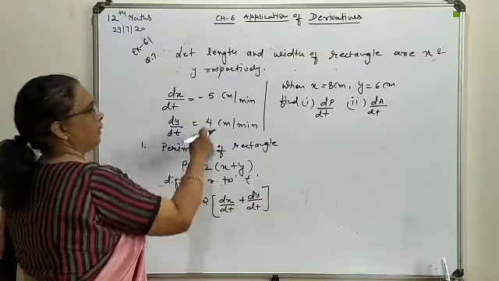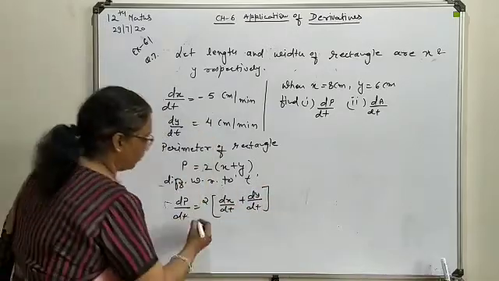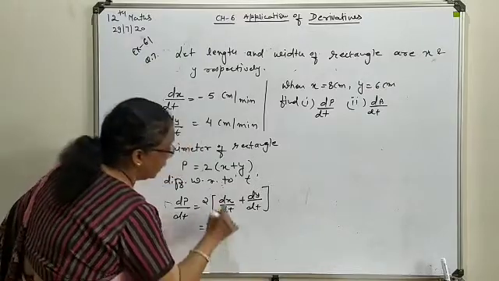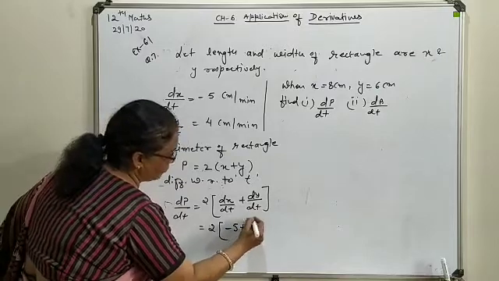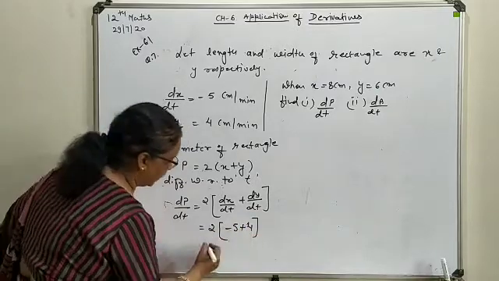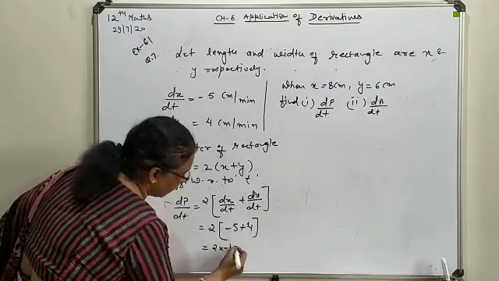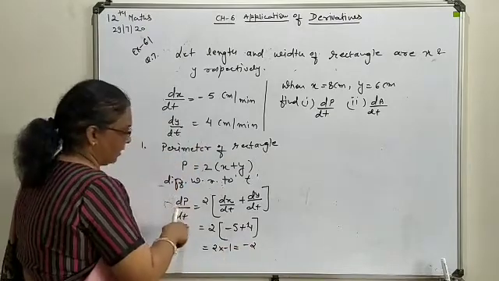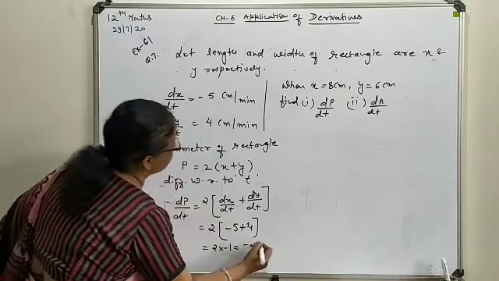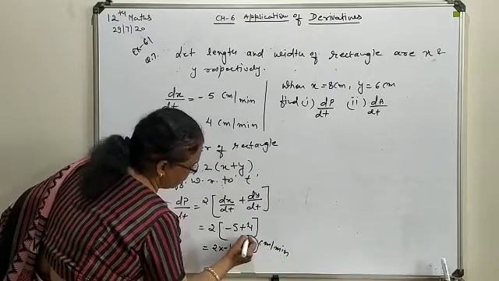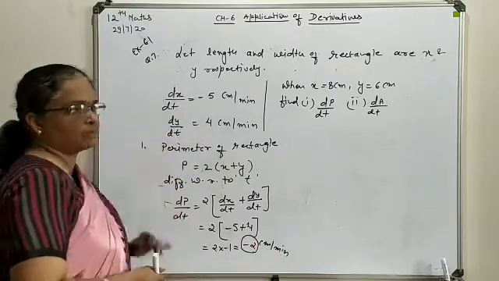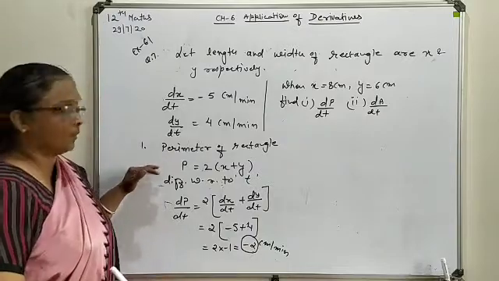Both quantities are available in the question. Go for substitution over there. This is 2. dx by dt is minus 5. dy by dt is 4. So finally minus 1 it will come out, means minus 2. As perimeter is available, that means centimeter per minute. This negative sign shows you that perimeter is decreasing.